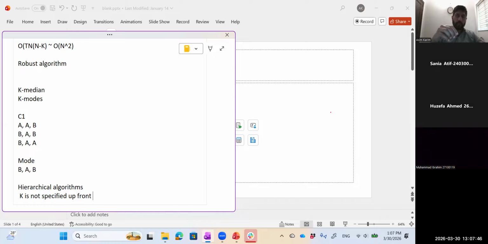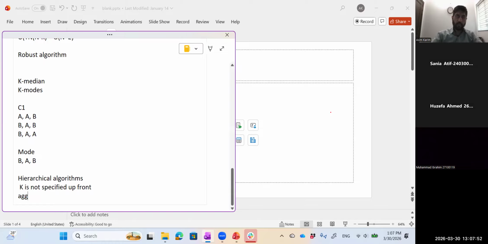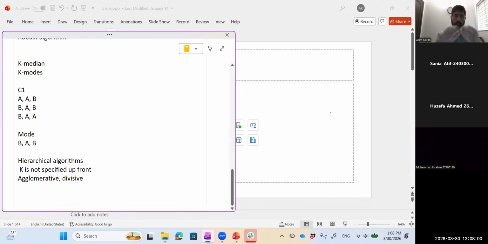There are actually two ways: we can do agglomerative or divisive. More common is agglomerative. In agglomerative, you start with each object being its own cluster, meaning at the start you have n clusters, k is equal to n.